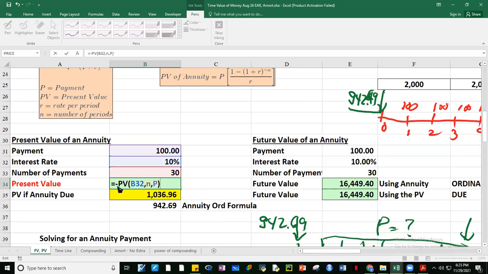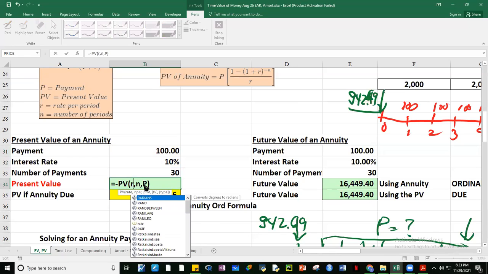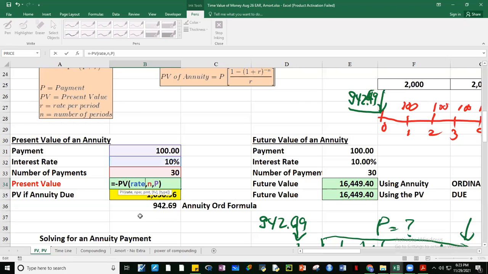So we have a negative PV. We're getting the present value. This is our rate B32. Of course, we could have used also the rate function. Notice, guys, nandito yung rate natin, ano? Yan, rate. And then N is our NPER, and P is our annuity.